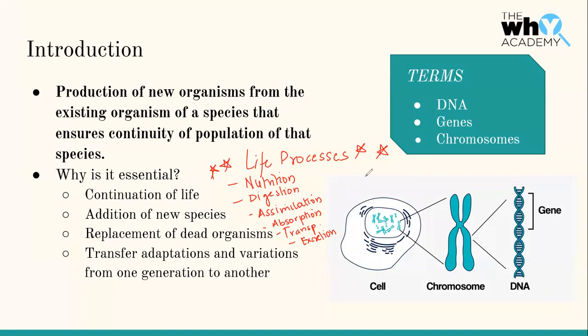Now, reproduction is also a life process, but this is not necessary for growth and development in general. Its main purpose is so that the species continues. So it is a life process which comes under extending the species. Why is it essential? Continuation of life, addition of new species, replacement of dead organisms, transfer of adaptations and variations from one generation to another.